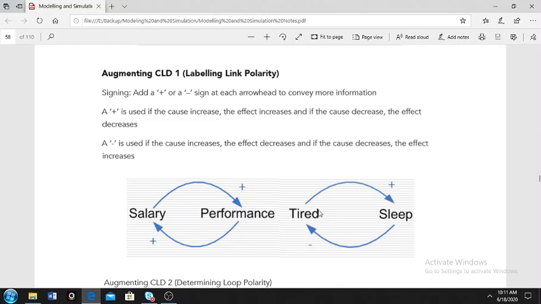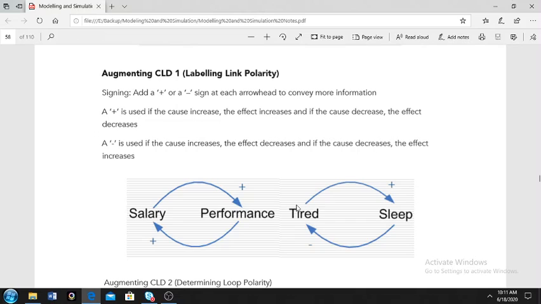Now, here is different. Here we are moving from more to more, and from more to less. Or we are moving from less to less, and from less to more. So plus just means that the direction has not changed.